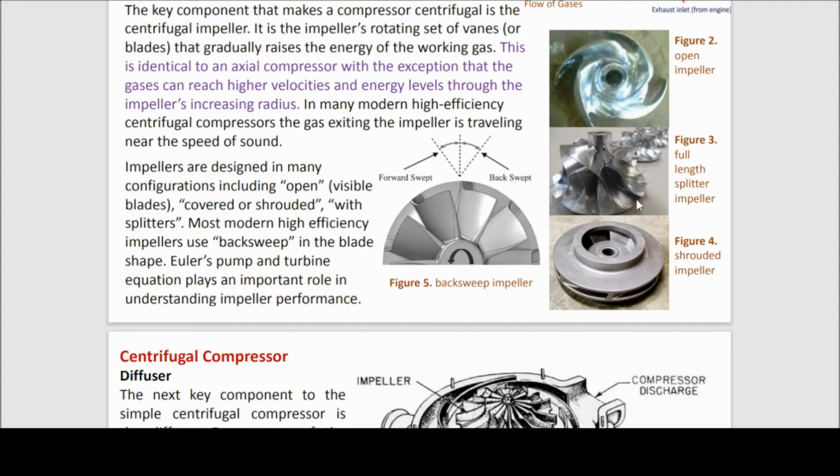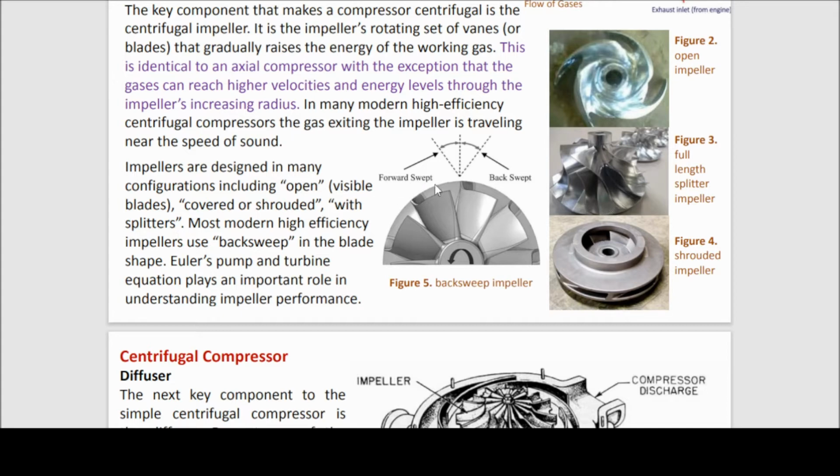This is the closed one, and here you see this is a fully open impeller. There is no disc here. Now this is the full length splitter type of impeller. So there are many types of impeller. Basically we call them open, semi-open, and closed impellers.